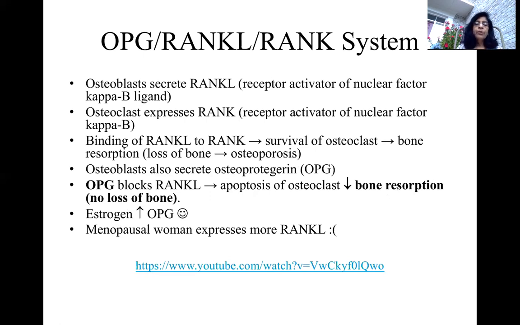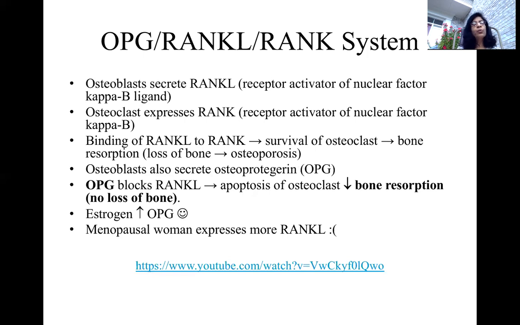osteoblast. I want you to also apply the function of parathyroid hormone. Parathyroid hormone acts on the osteoblast and stimulates the expression of RANK ligand. That is where it stimulates bone resorption. Okay, so remember, osteoblast is the target of both estrogen and parathyroid hormone.